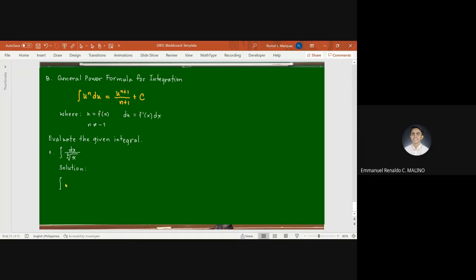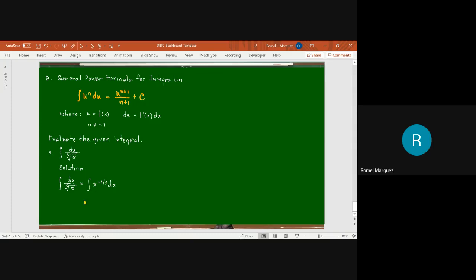So that is equal to the integral of x to the negative 1/5 dx. And this now becomes a simple power formula. You can apply the simple power formula here. This fits that. Our u is x, then u to the n plus 1.